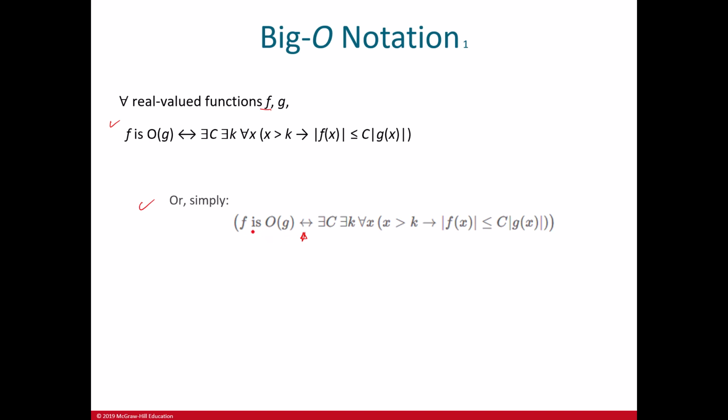We say the function f is a big O of g if and only if, so that means if this is the case, then this follows, and if we know this, then it is the other way around. So here the definition says there exists a c and there exists a k, and for any x, if x is greater than k, then the inequality holds.